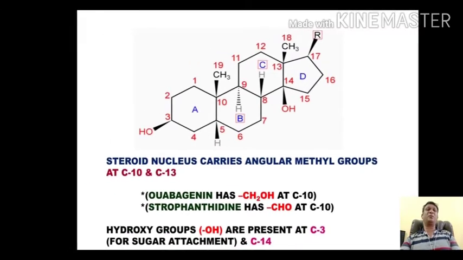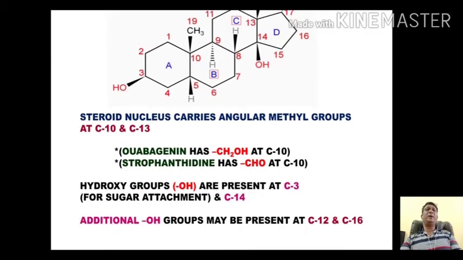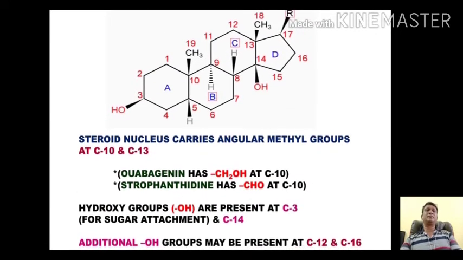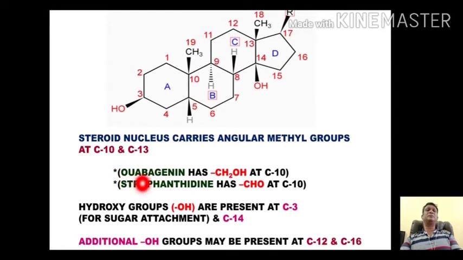One very important point is that some steroid nuclei of cardiac glycosides, like ouabagenin, have a hydroxymethyl group at the C10 position, instead of a methyl group, while in strophanthidin and another steroid nucleus we have a formyl group, that is a CHO group, instead of methyl.